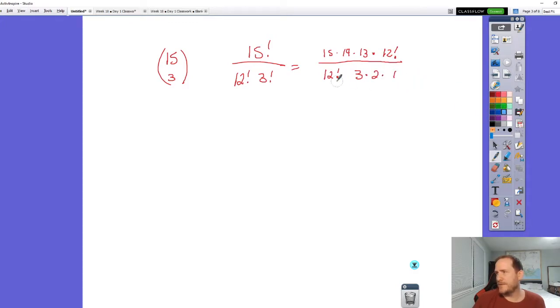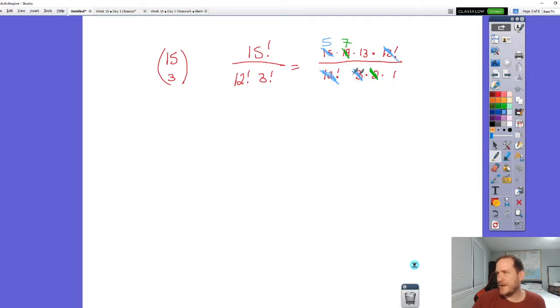So you take your canceling pen. 12 factorial kills 12 factorial. There's pretty much always going to be somebody that cancels with a 2. You can kill the 14, left with a 7. And usually you can find a way to cancel out a 3 as well. We've got a 15 here, leaves us with a 5.